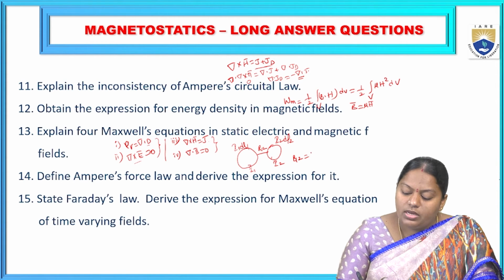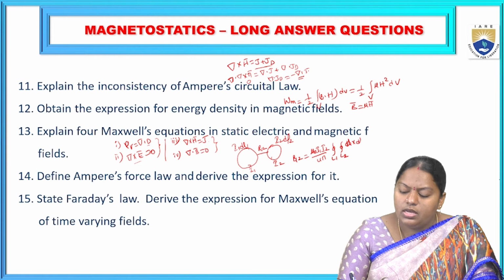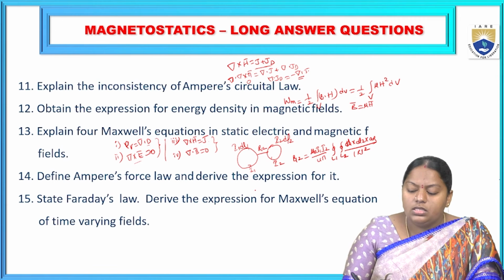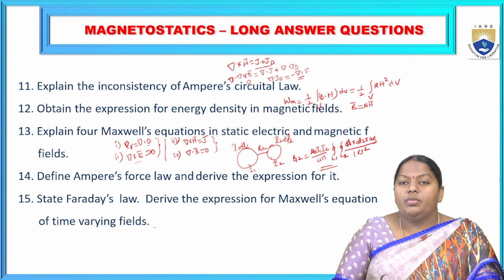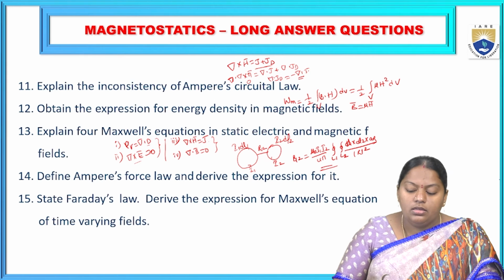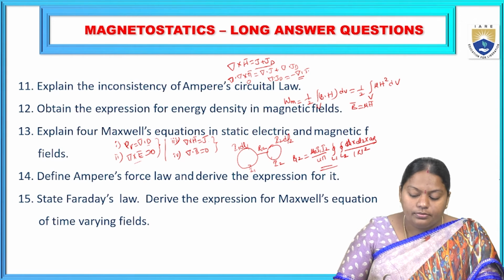And this can be given by mu naught I1 I2 by 4 pi, closed line integral L1, closed line integral L2, dl1 cross dl2 cross aR by R whole square. Right? This is the equation called Ampere's force law, obtained between two current carrying loops.